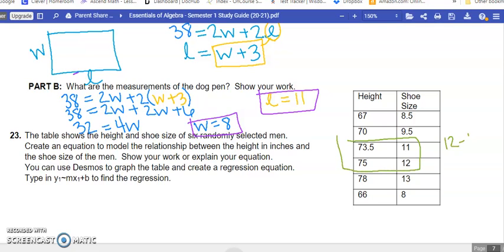So 12 minus 11 over 75 minus 73.5 gives us 0.7. And really, if we want to do this thoroughly, we should find the slope between all points and find the average. That's what we'll do.